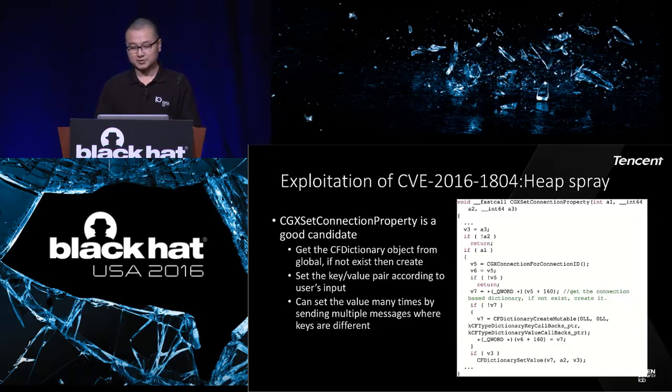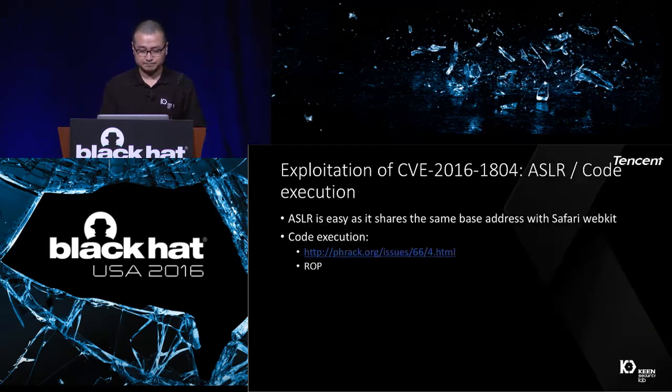So in this API you can find that it checks whether a global dictionary exists. And if it doesn't exist, it will create a new one. Otherwise, it will set up the value and the key pair. And the key can be unique, and the memory will keep growing. You can call this function again and again until the memory grows.